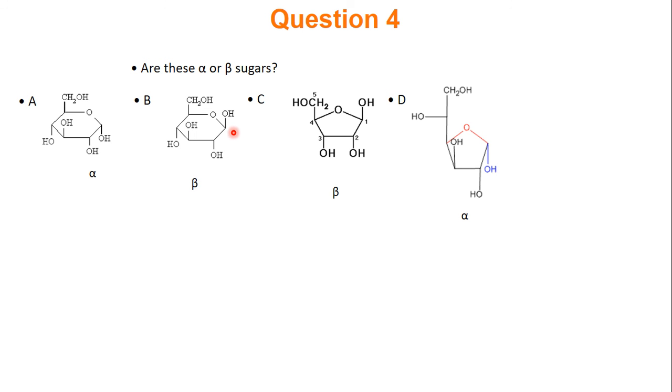In the other case, let's find our anomeric carbon. It's right here because we have an oxygen. The OH is pointing up. The CH2OH is pointing up. Both are pointing in the same direction, so that's beta. Same thing in C, pointing up, while in D, OH pointing down, CH2OH pointing up, so that's alpha.